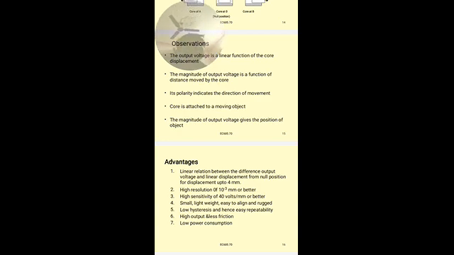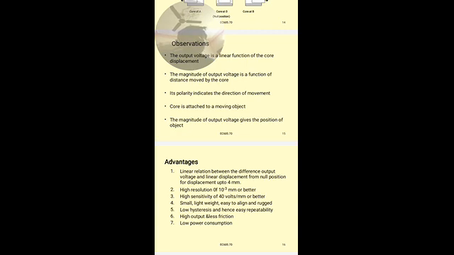Similarly, when the core is moved towards the right, more flux links with the coil S2 than S1. Therefore, the induced voltage at the secondary winding S2 is more than at winding S1. So ES2 is more than ES1.